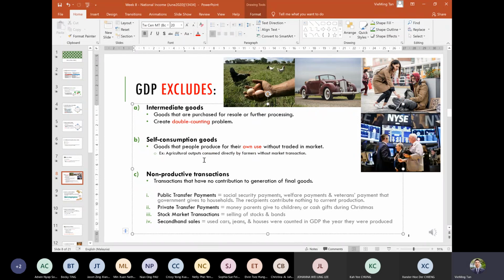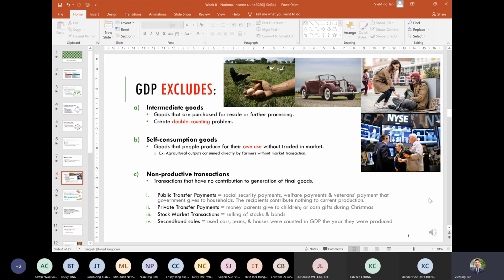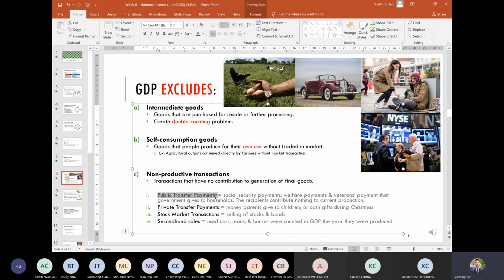How about other types of products? Non-productive transactions, that means business transactions that do not bring any additional value to the goods, are also excluded from the GDP calculation. Some examples are public transfer payments. This is actually a donation or welfare payment from the government to the poor. Public means government.